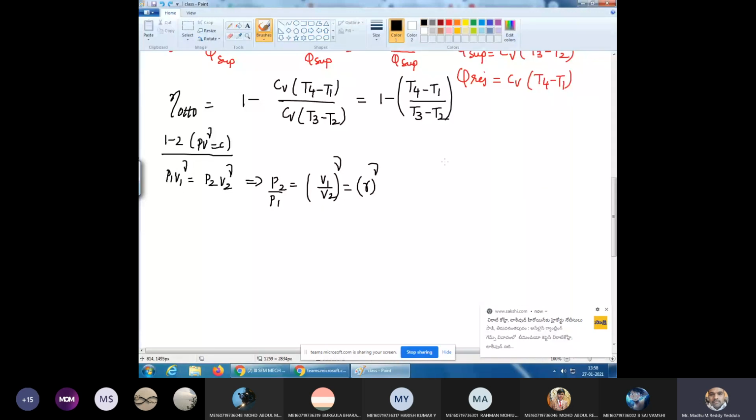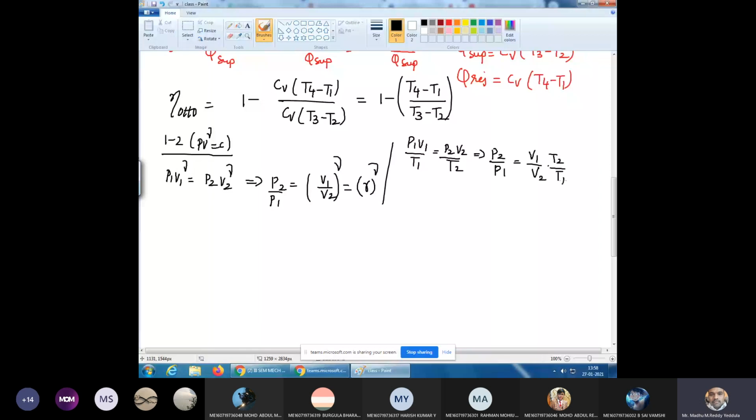Now from the equation of state, P1 V1 by T1 is equal to P2 V2 by T2. I want volume in terms of temperature, so let us replace pressure in terms of volume. From this, P2 by P1 is equal to V1 by V2 into T2 by T1.